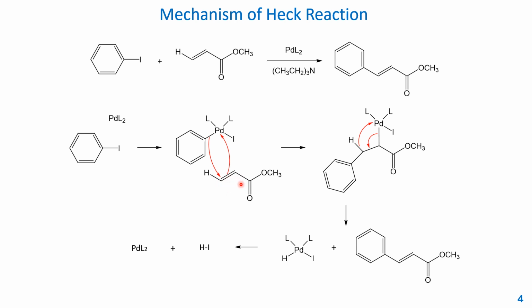If you draw the resonance, you will see this is actually positively charged. So if you have an electron withdrawing group here, this carbon will be more electrophilic, meaning this electron withdrawing group will pull electron density from this pi bond, making this carbon more positive, more electrophilic. So the first step here will be faster, so the whole reaction will be faster and the yield will be higher.